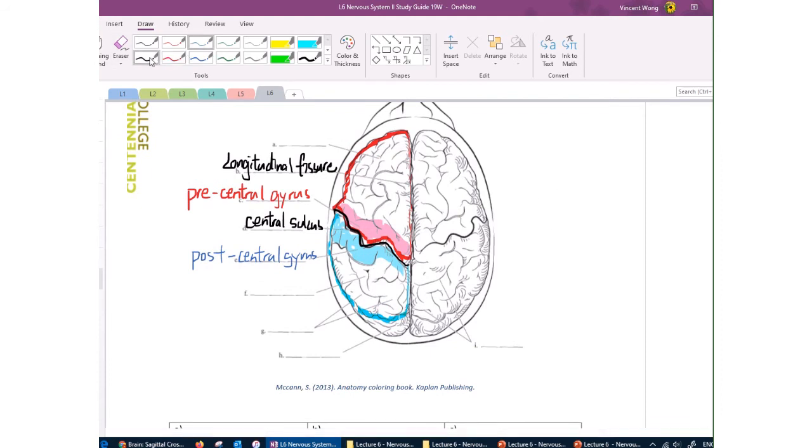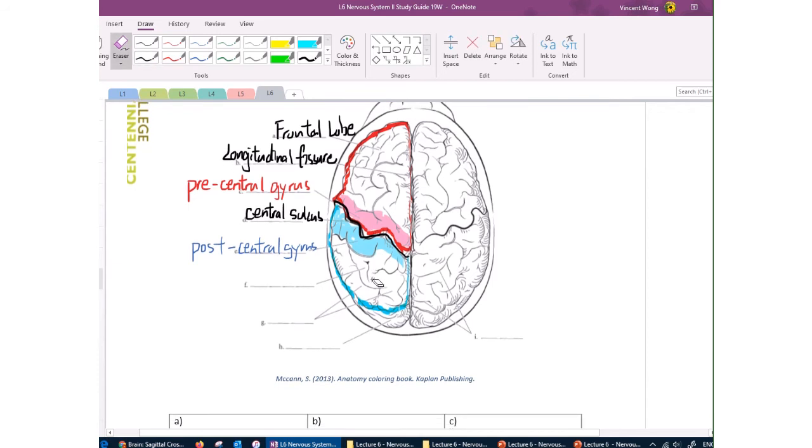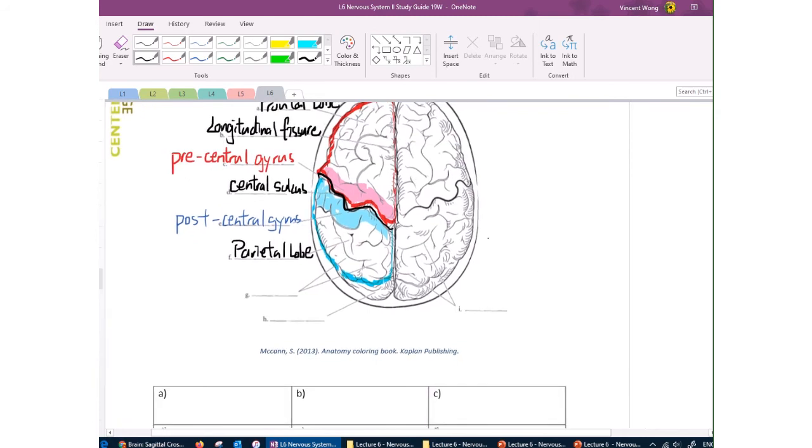So this here is the frontal lobe. Frontal lobe for speech, higher order thinking, and voluntary movement. And this is the parietal lobe, which is for processing sensory sensations from throughout the body. G is pointing at a bump, so we call a bump a gyrus.